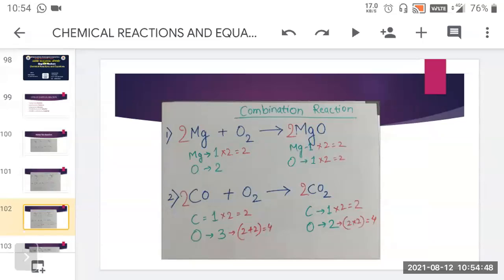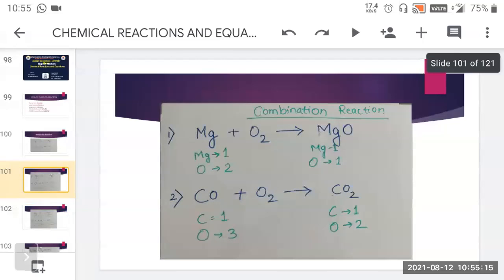Now it is our duty to make it the same on the reactant side. So we will add coefficient 2 in front of Mg, so that Mg becomes 2. Now on the reactant side Mg is 2 and oxygen is 2, and on the product side Mg is 2 and oxygen is 2. That means on both sides, the number of elements is the same.